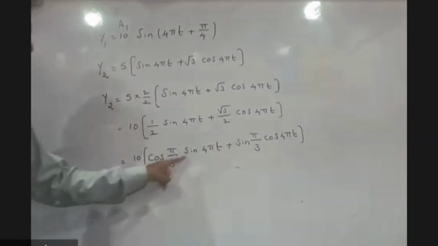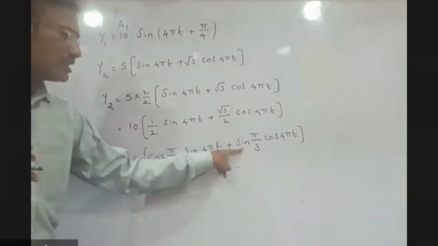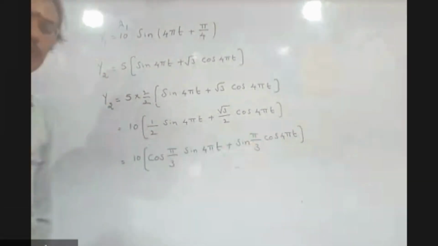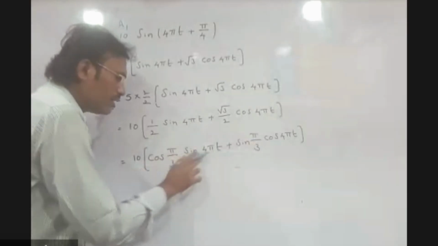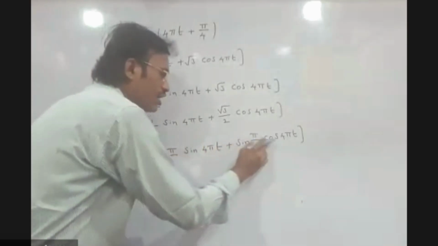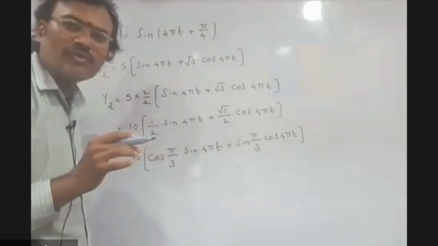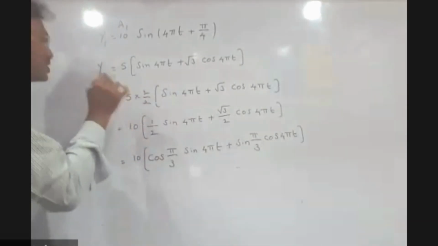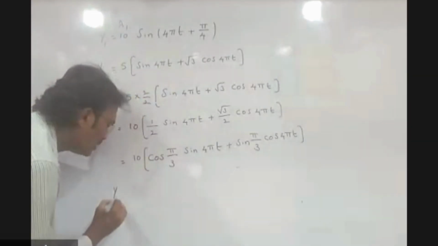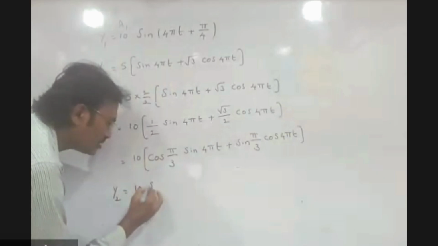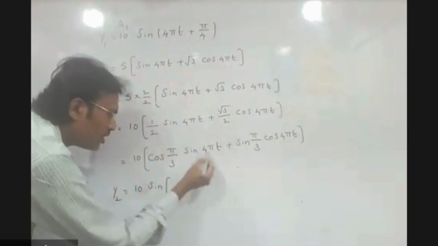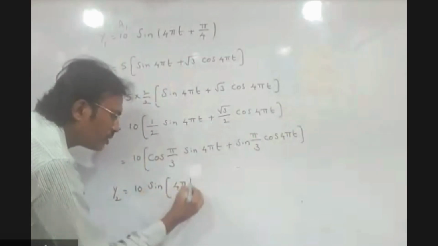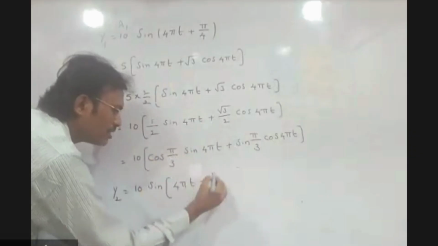Now cos A sin B plus sin A cos B, that is the formula of sin of A plus B. So that's why here y2 is equal to 10 sin of 4 pi t plus pi by 3.